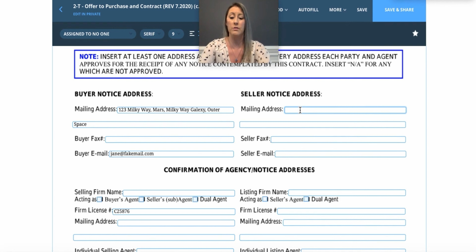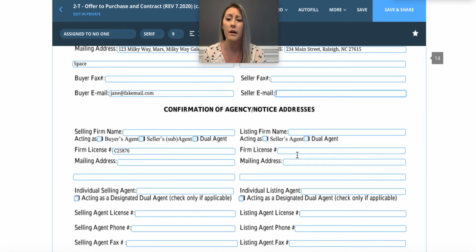So you can put their address in too. And you most likely won't have their email address, so don't worry about it.